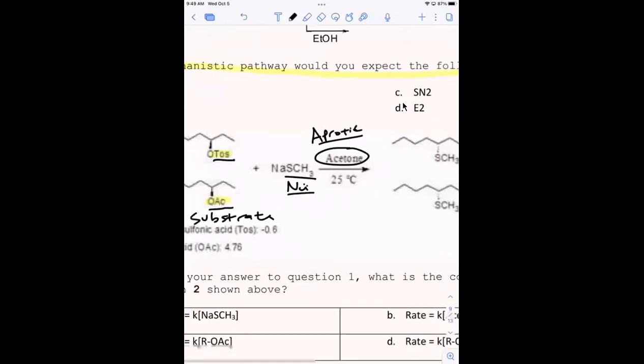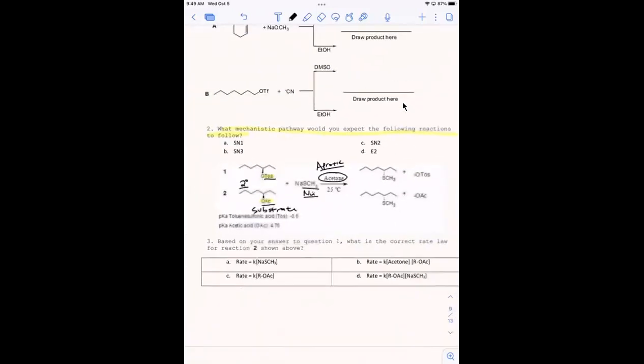So with a secondary substrate that can be either SN2 or SN1, but you have a solvent that's aprotic, what mechanism do you think is going to prevail here? In an aprotic solvent.